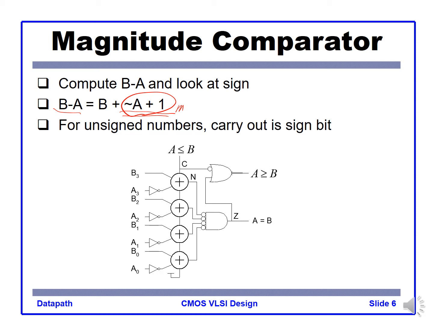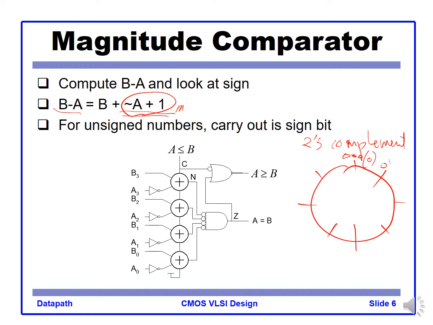For example, in 2's complement we map the bits, for example 3 bits. So 000 means 0, 001 is 1, 010 is 2, and 011 is 3.